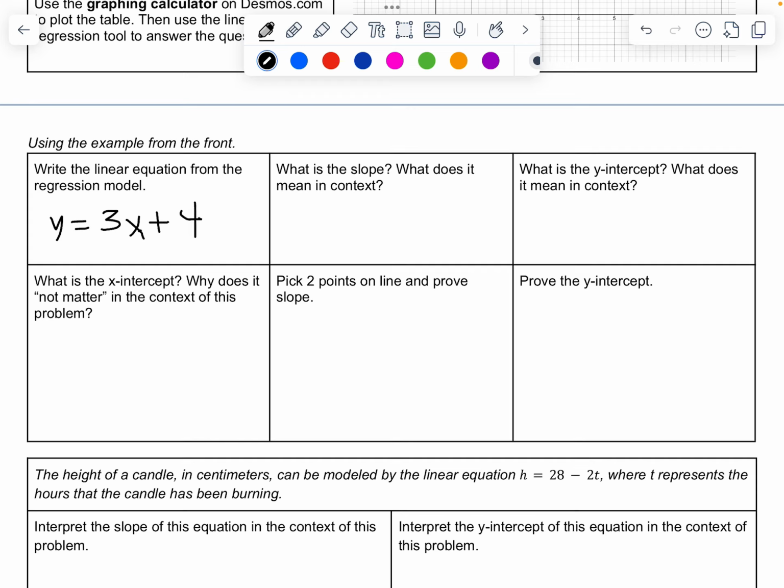And I was able to do that with my own Algebra 1 skills previously, but Desmos speeds that process up for us, and I certainly like that. In this case, what is the slope? That is 3, and we'll save the context questions for a moment after this.